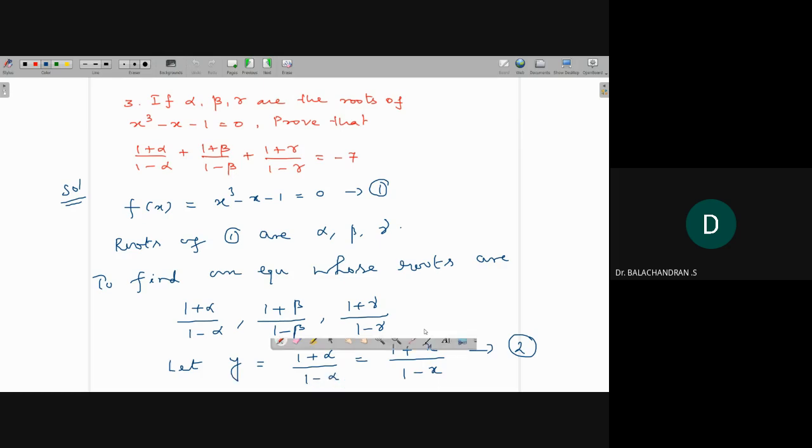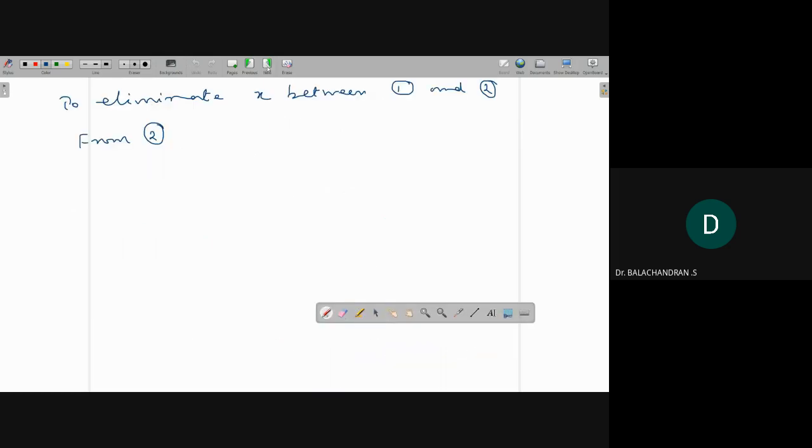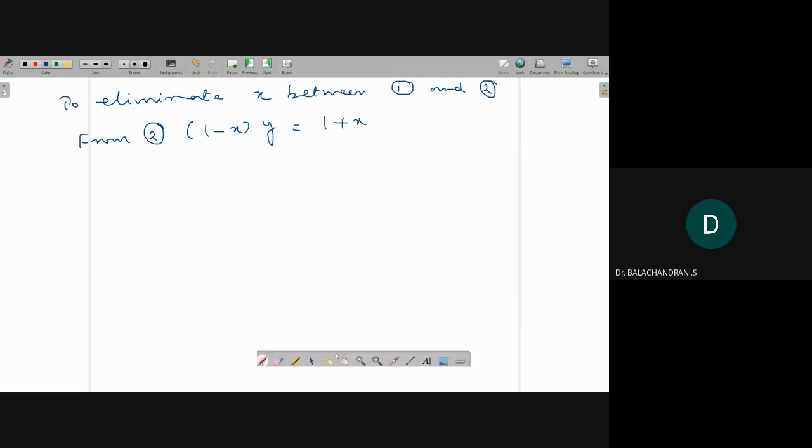To cross multiply, you'll get what? 1 minus x into y equal to 1 plus x. X is equal to y minus 1 by y plus 1. Correct, that one.